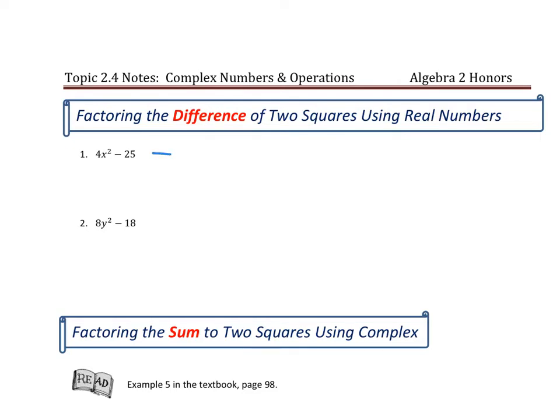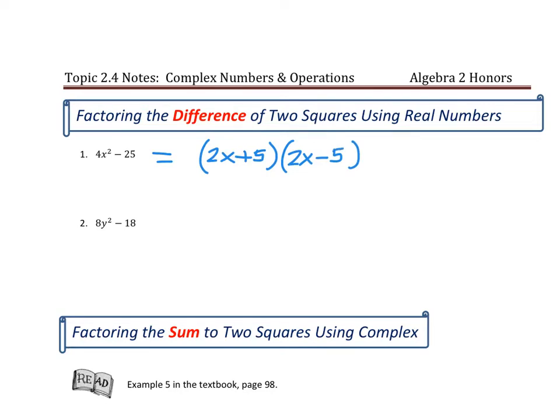So this is equal to 2x, and I'm going to put 2x over here. So you can see if we distribute, 2x times 2x is going to give us that 4x squared, and then 25, really negative 25, is going to arise from positive 5 times negative 5.